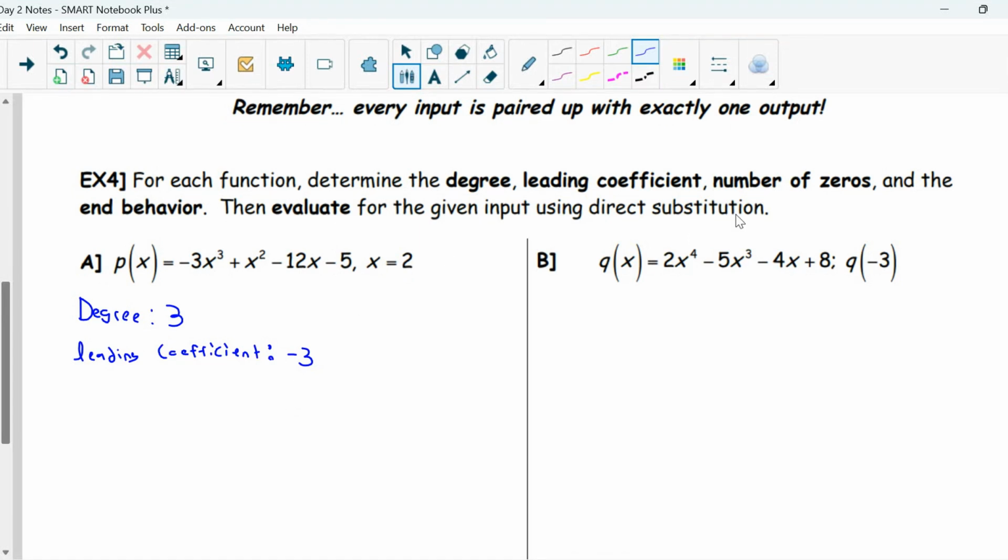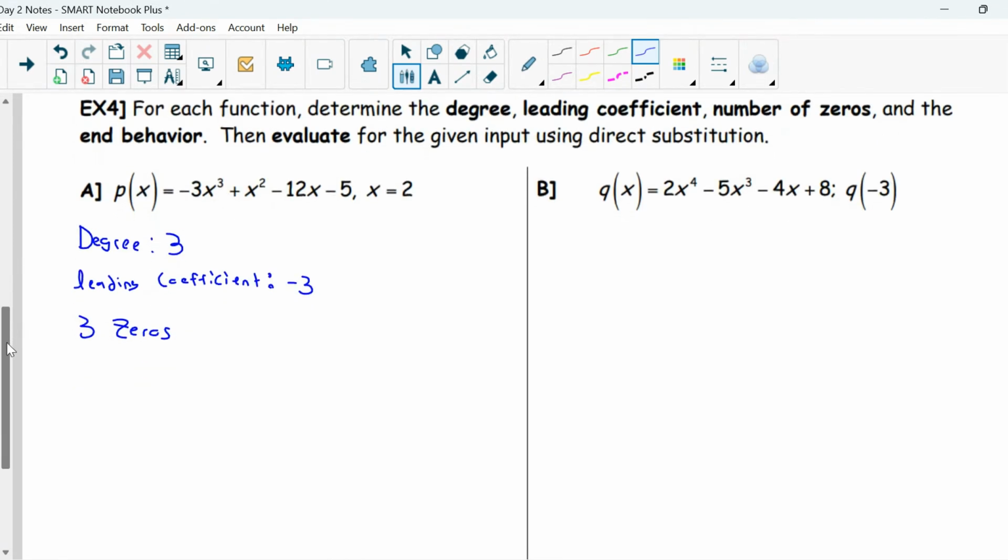Okay, the next thing we need to find is the number of zeros. Remember, your number of zeros directly aligns with the degree of your polynomial. So I have a third degree polynomial. That means that I'm going to have 3 zeros. And then the final thing I need to find is my end behavior.